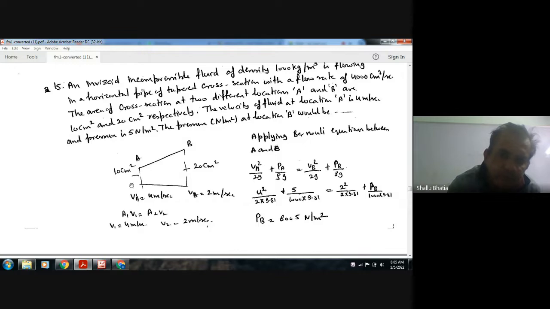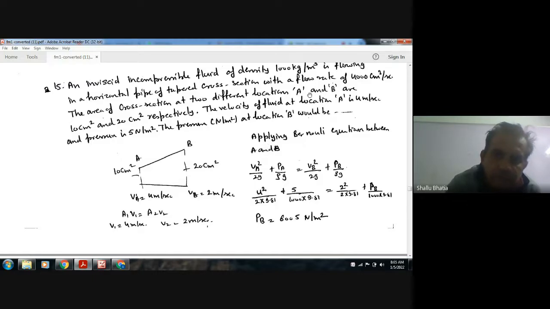So we can find the velocity at A and at B. The velocity at A will be 4 meter per second, from 4000 by 10, and at B it will be 2 meter per second. Now we can apply Bernoulli's equation at points A and B: VA square by 2g plus PA by rho g equals VB square by 2g plus PB by rho g.